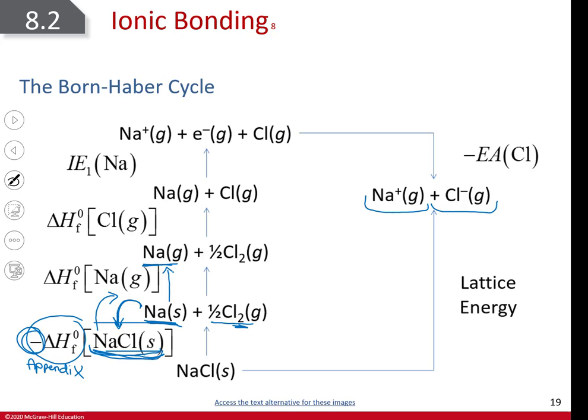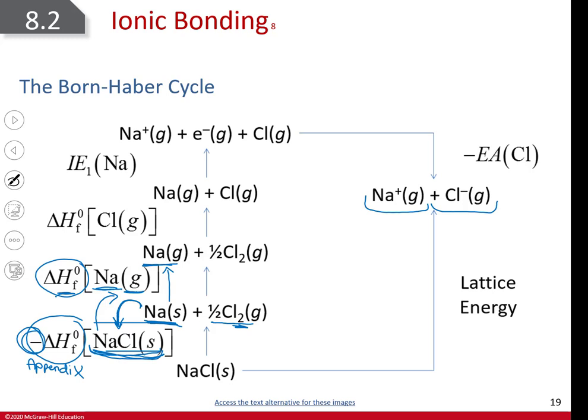Now, because the natural state of a metal, except for mercury, is a solid, the process of going from the solid to the gas is going to be the reverse of the enthalpy of formation. Or sorry, it's going to be the enthalpy of formation, but not in reverse, because now we're going from its natural state to something that's not its natural state. So step 2 is going to be the standard enthalpy of formation for that metal in the gas phase. And again, you can find that in Appendix 2.